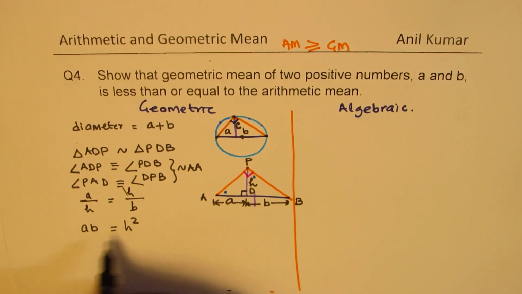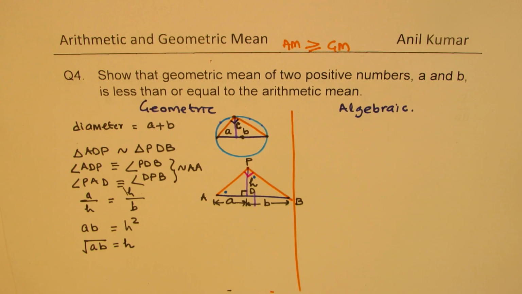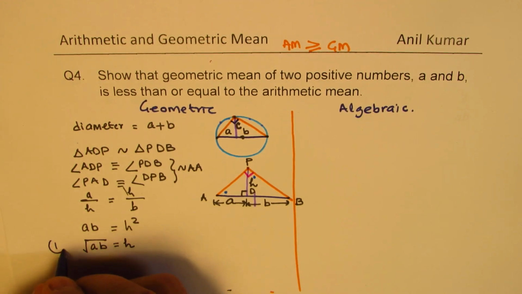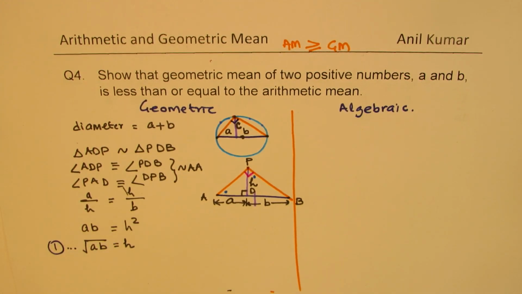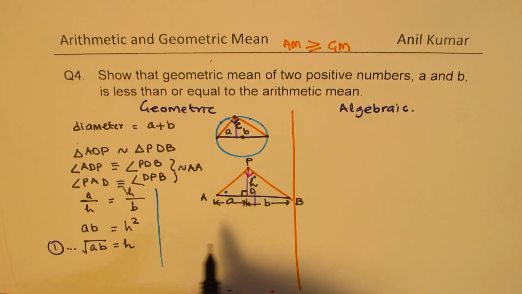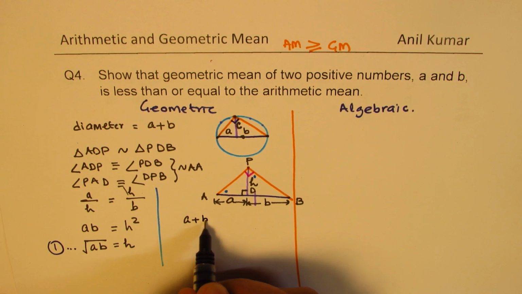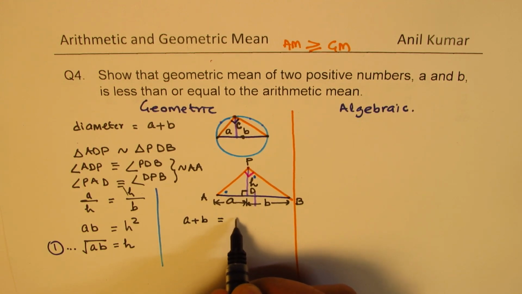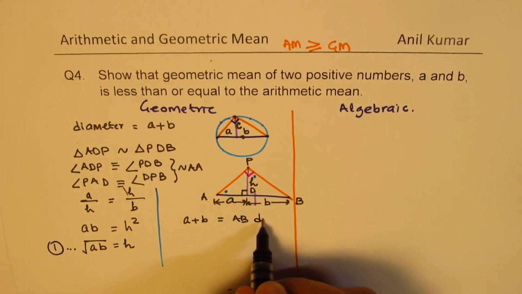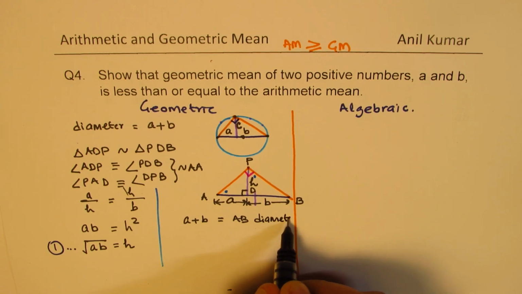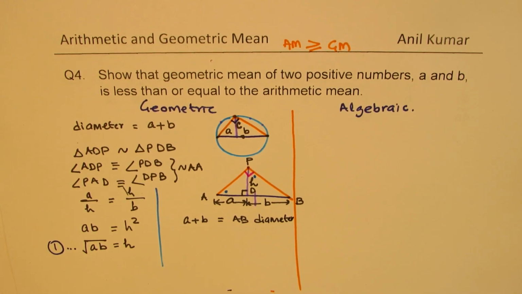So from here we can write that the square root of AB is equal to H. So we get one condition: that the square root of AB is equal to H. The other condition which we have here is that A plus B is equal to the diameter, right?